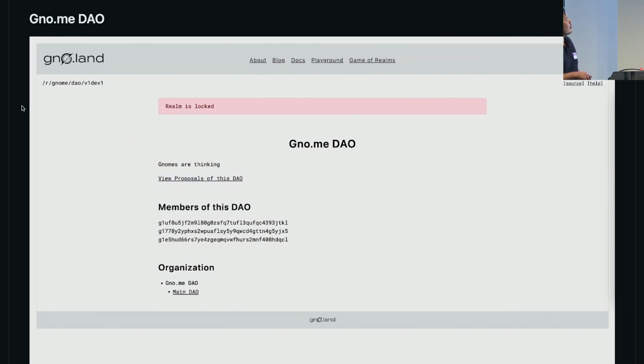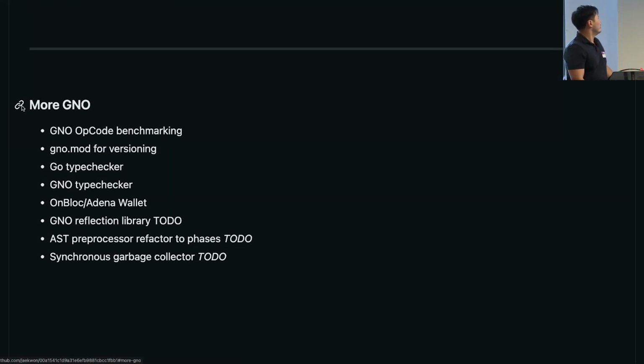So this was actually, again, rendered from the smart contract itself. And you can see the source code just by going here. So if you go to Gno.land/r/gnome/dao/v1/dev1, you'll see this, and then you can go for any smart contract, you'll be able to see the source code itself, which I think is important for transparency.